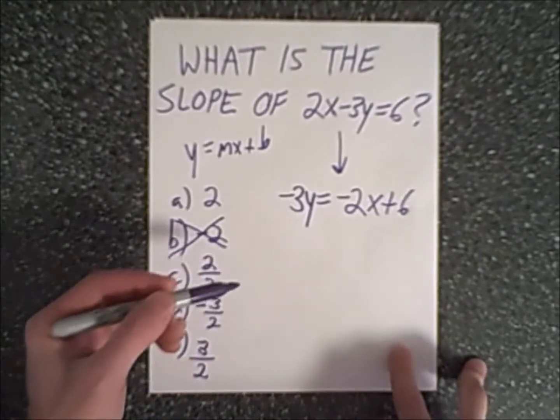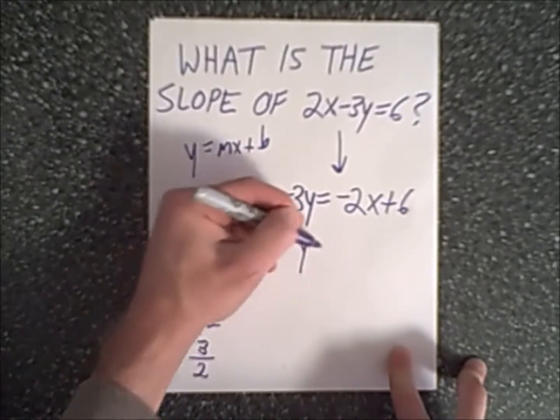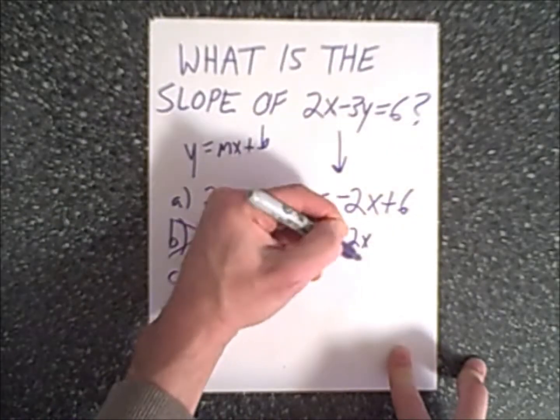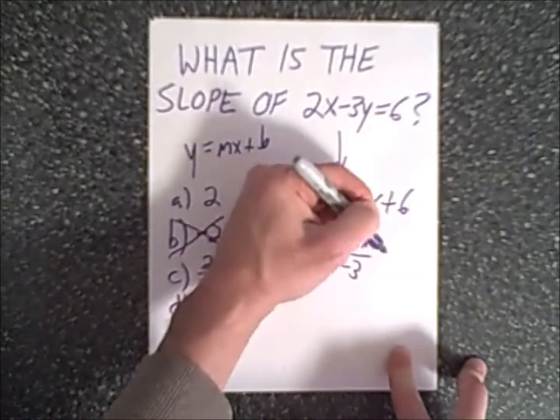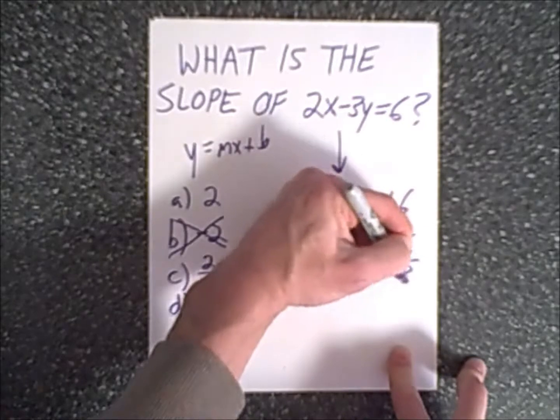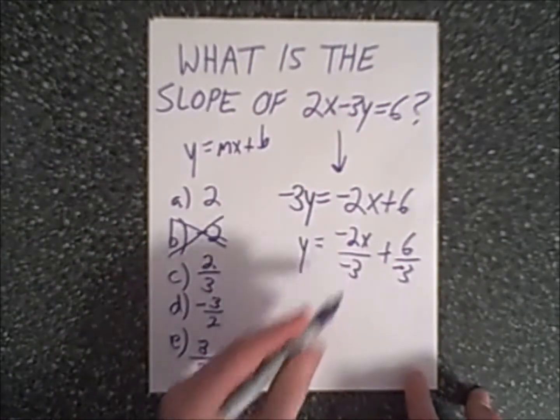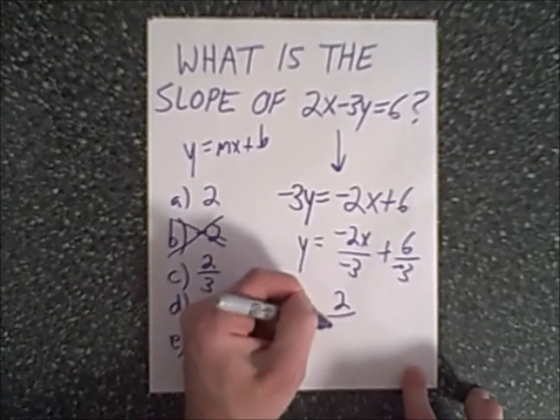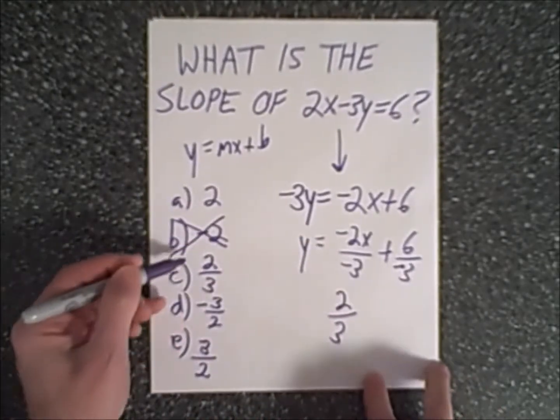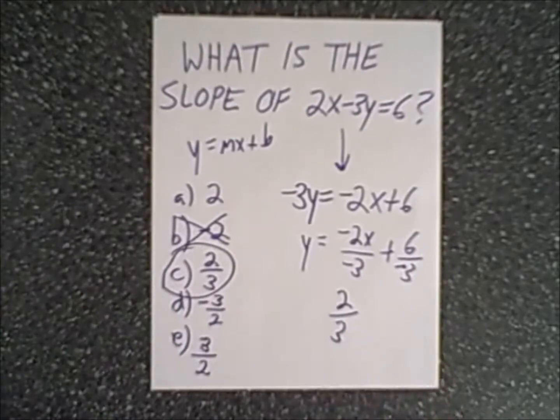So let's divide both sides by negative 3. And we get y equals negative 2x over negative 3 plus 6 over negative 3. Our intercept is negative 2, but we're not looking for that. We are actually looking for the slope, which of course is 2/3, which is C.